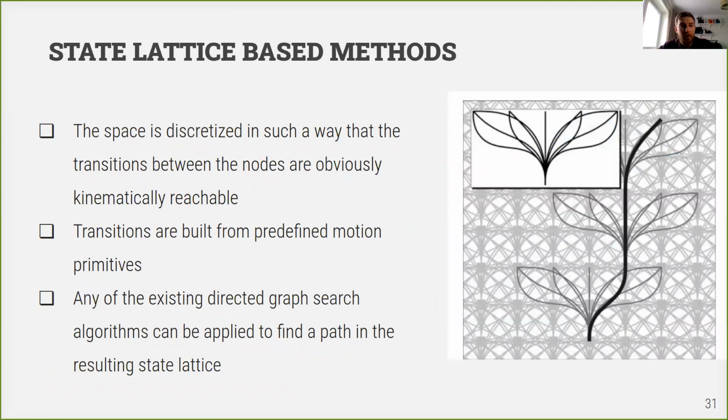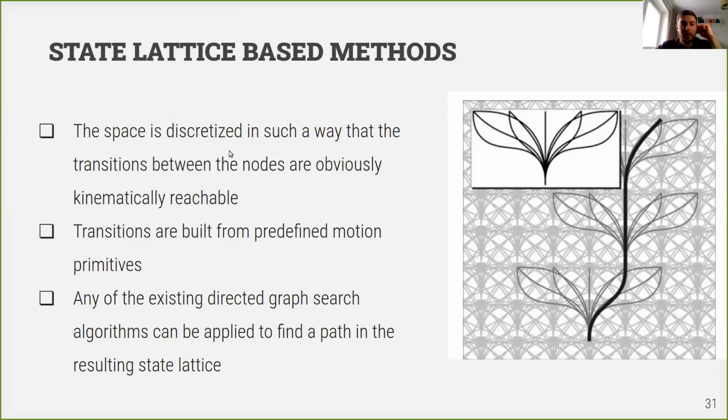There is also a really cool approach, which I personally love a lot, called state lattice based methods. What a state lattice is, again, is some representation of space, some way to build a graph, to have motion primitives, and then plan our path in or from these motion primitives.